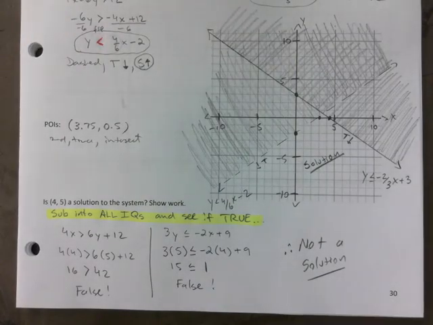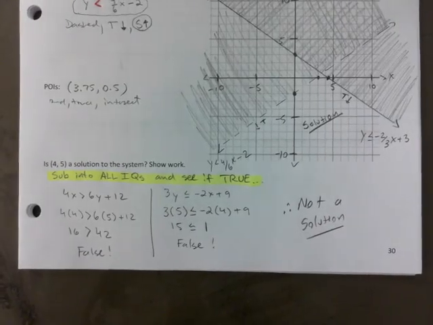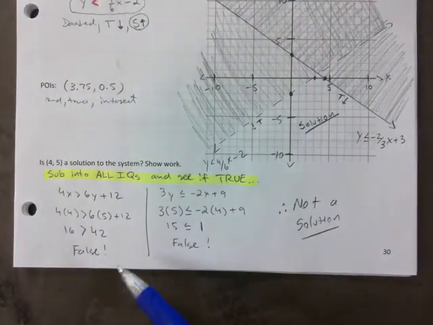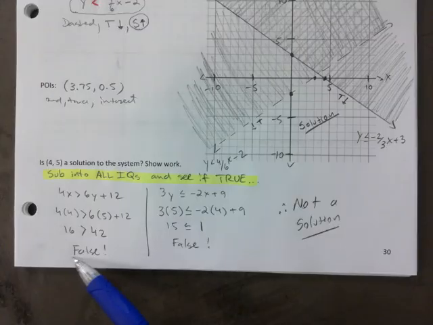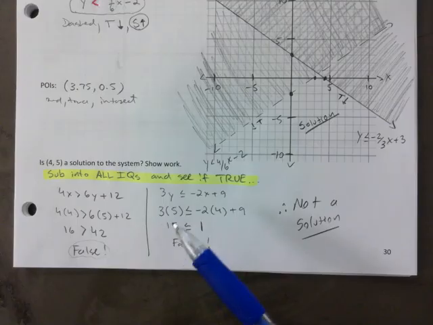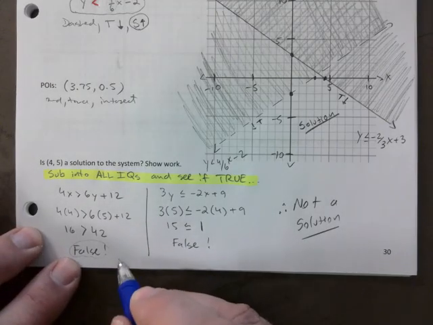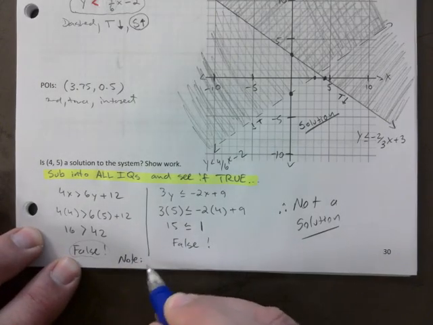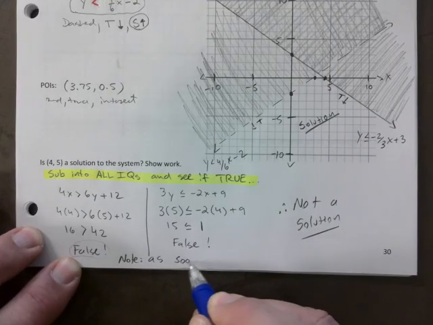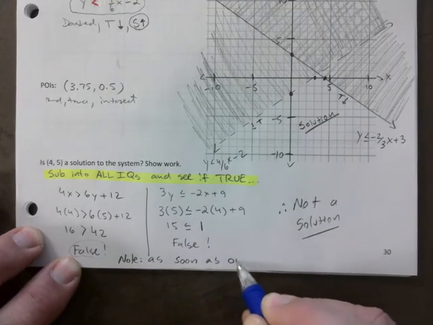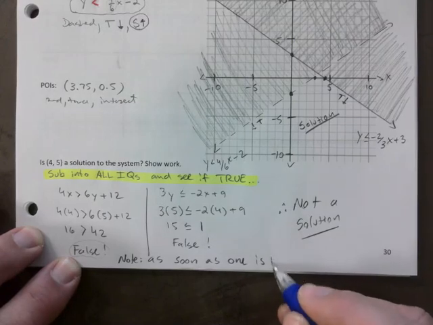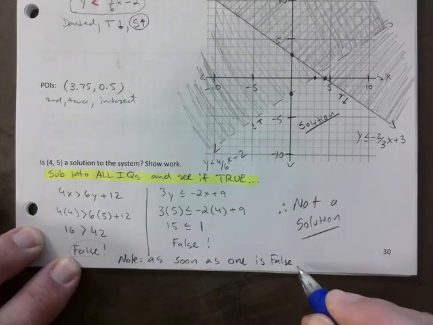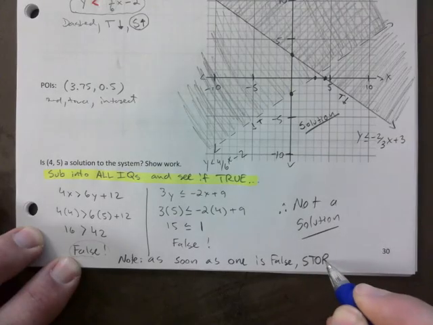This is one thing. Right now, I did more work than was needed. If you want to save work, then listen carefully to this part. As soon as this is false, you're done. I'm just showing you the process. Okay, note, as soon as one is false, stop, okay?